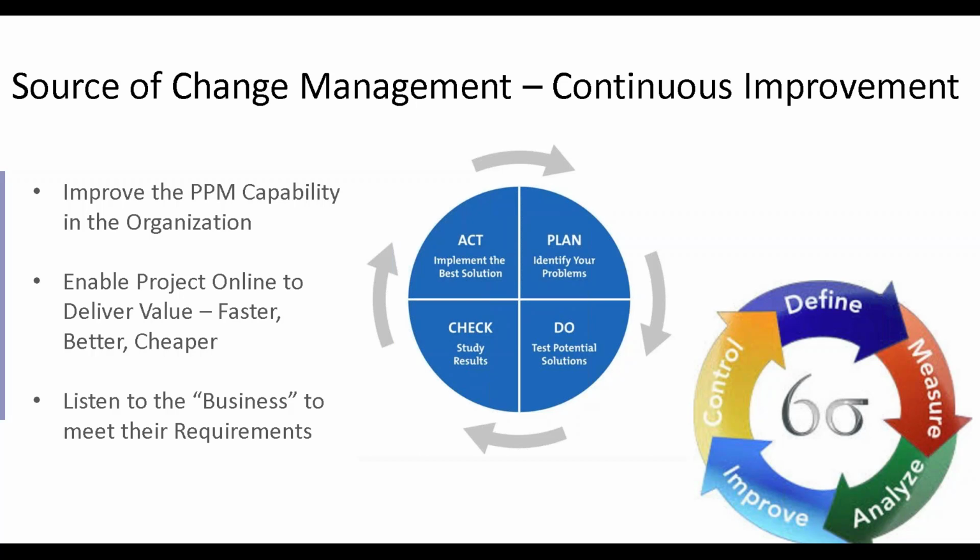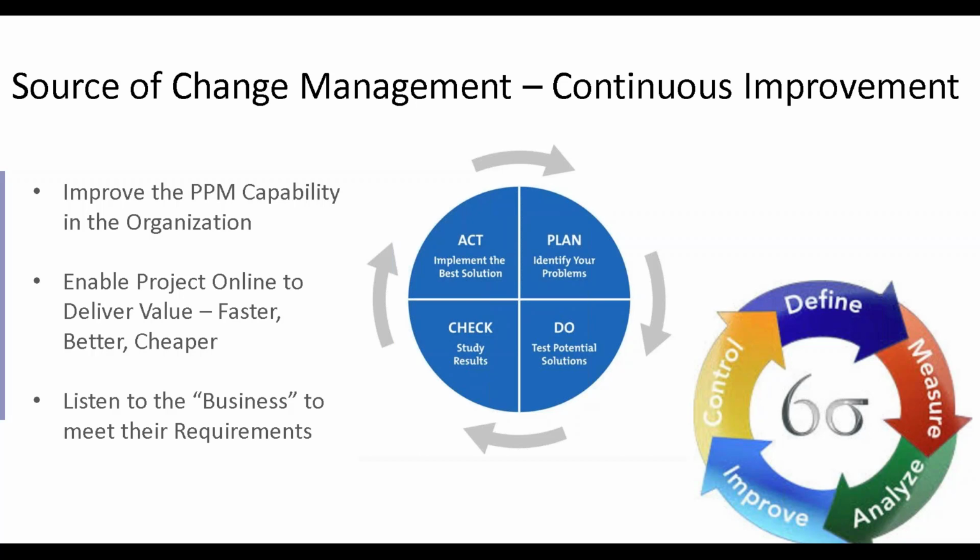The idea is to be very attentive to the customer. Here, the PMO and the executives and the project managers, team members, so that we continue to improve the Project Online solution. And you do that over time in your quarterly cycle, annual cycles.